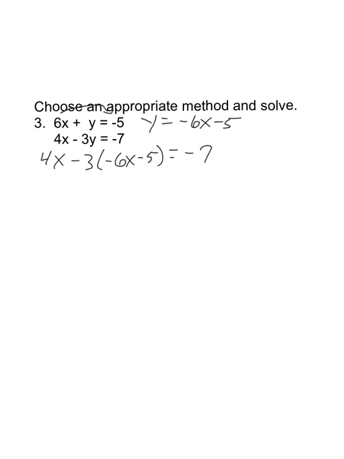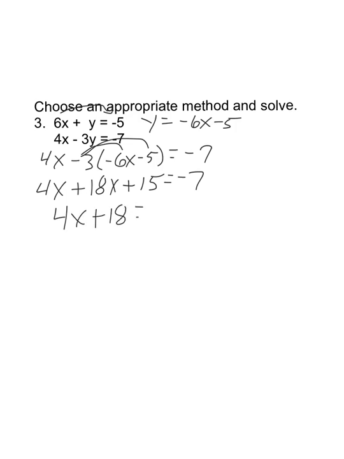I'm going to distribute that negative 3 through. So 4x, negative 3 times negative 6 is a positive 18x. Negative 3 times negative 5 is a positive 15, equals negative 7. X's are already on the left side of the equal sign. 4x plus 18x equals the negative 7 that was already waiting on me. 15 I take across, becomes a negative 15.